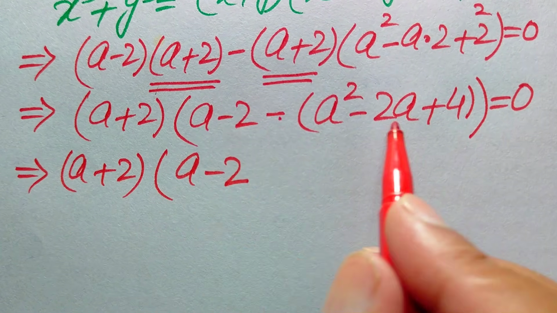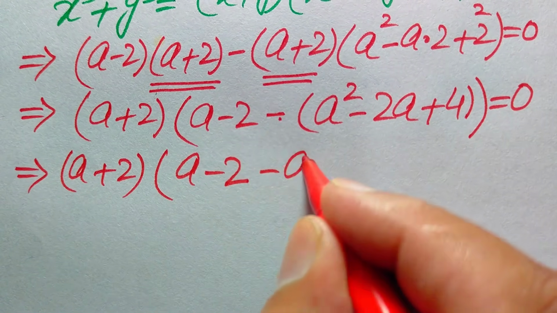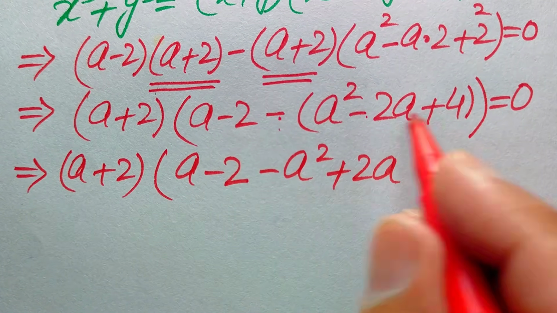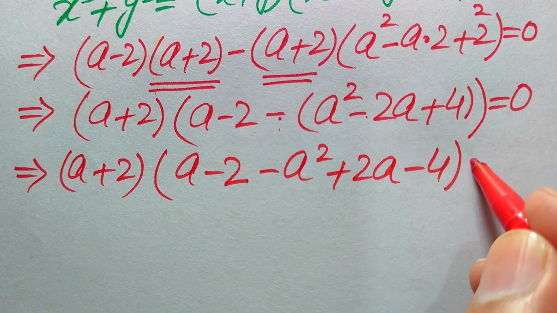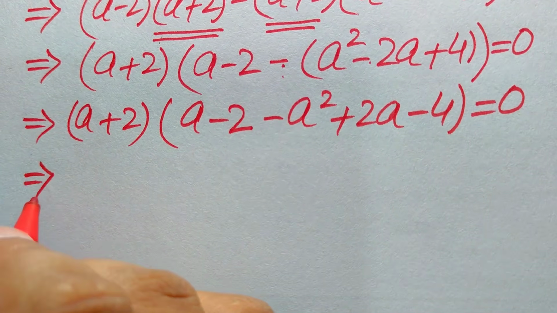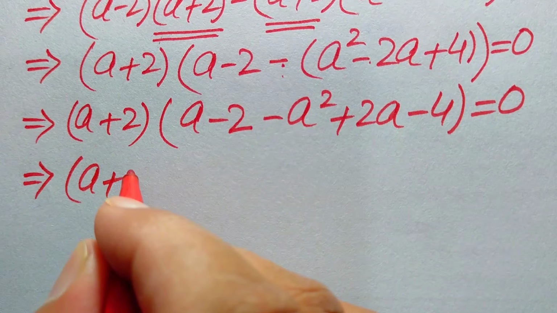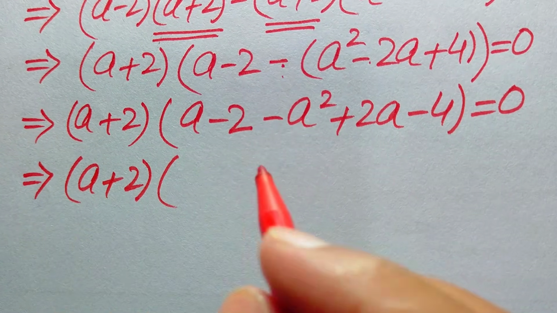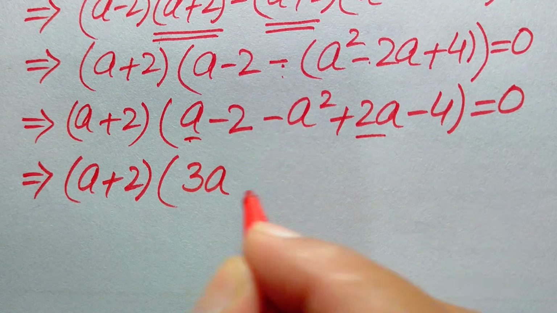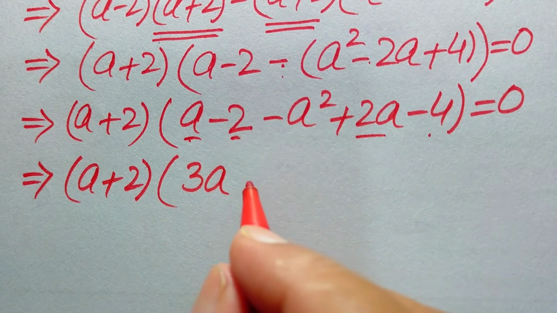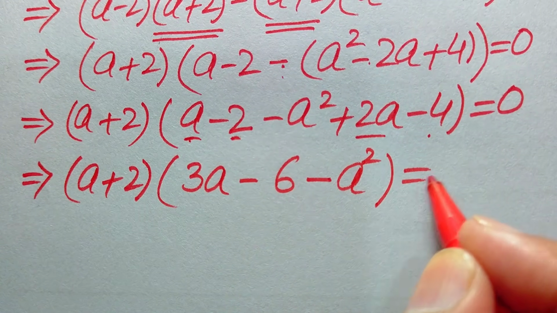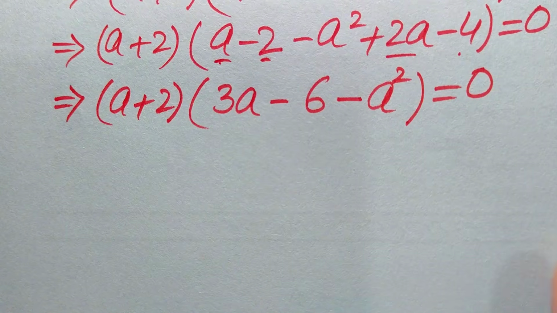We multiply the negative sign on each of these values, and we get minus a squared, minus times minus becomes plus 2a, minus times plus becomes minus 4, and this whole equation equals 0. In the next step we simplify more: a plus 2a becomes 3a, minus 2 minus 4 becomes minus 6, and minus a squared equals 0.